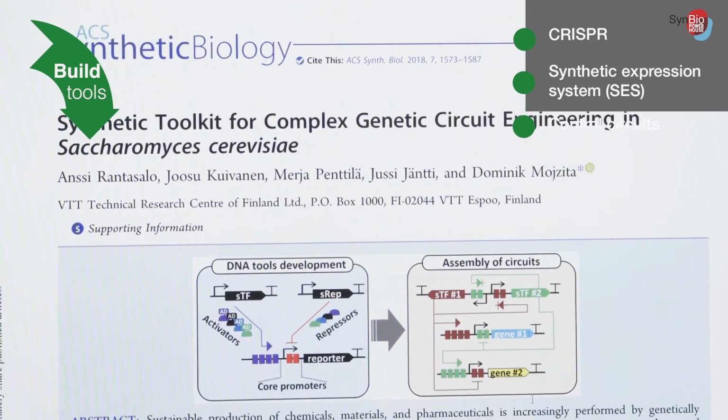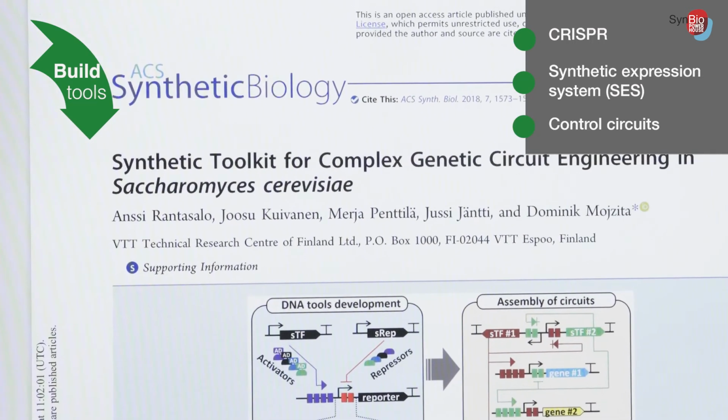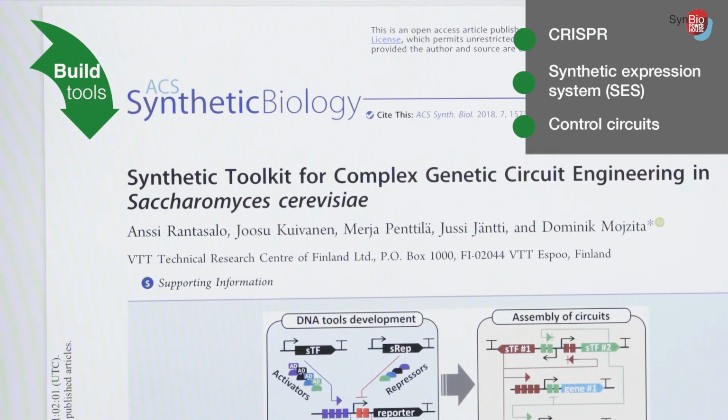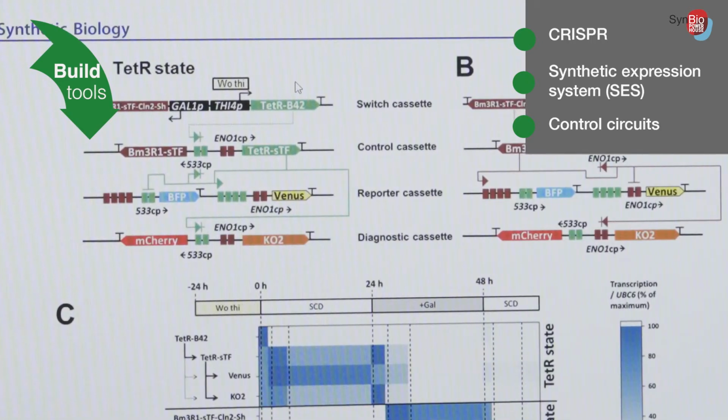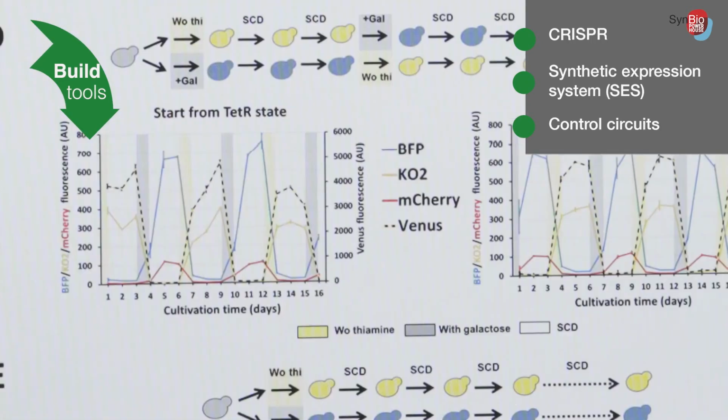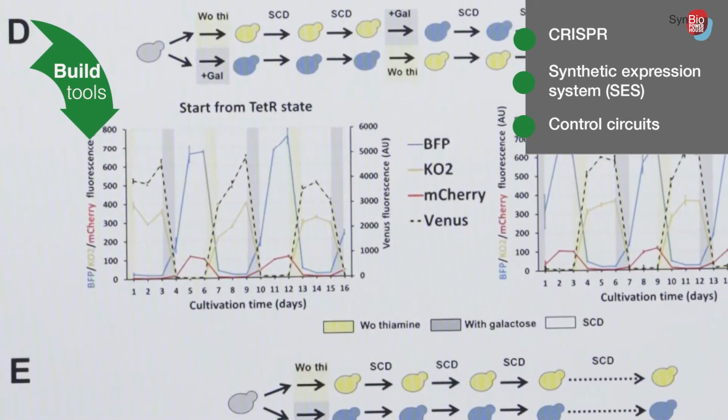An exciting feature of the SES system is that, due to its modular structure, we've been able to use different features of the system to build complex genetic control circuits in cells. These circuits make use of DNA elements that enable either activation or deactivation of gene expression.